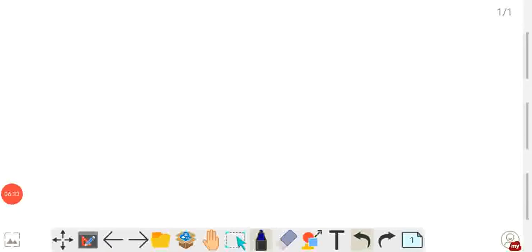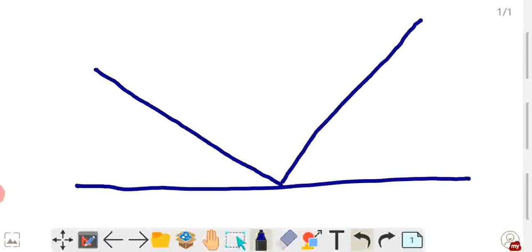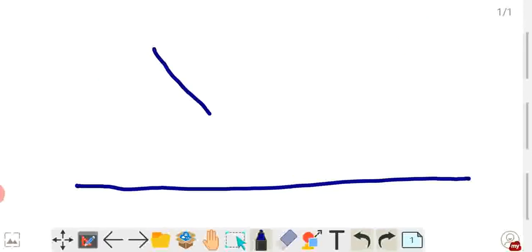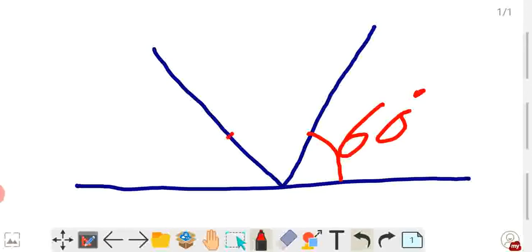Now dear students, again look here, there is a straight line, then there is a slanting line like this, and the line like this and like this. Okay, then suppose this angle is 60 degrees and this angle is 60 degrees.